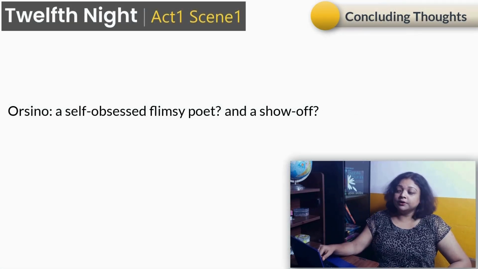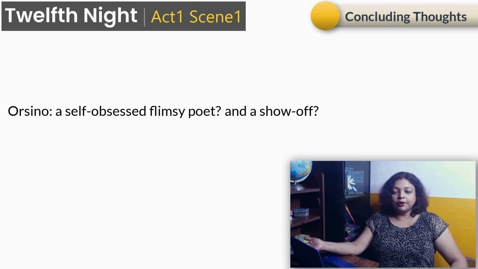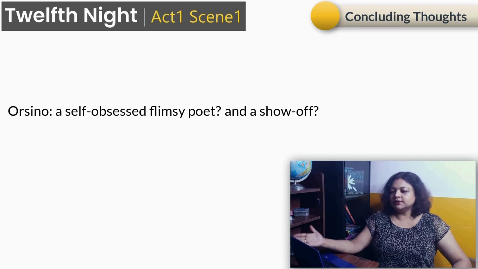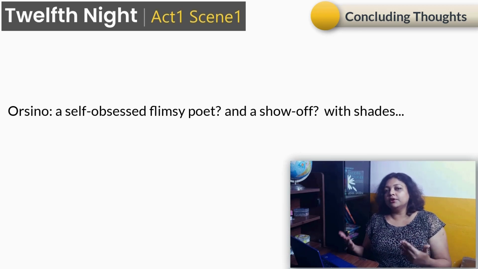From an exam point of view, the first speech of Orsino is very important. It, of course, places a lot of emphasis on Orsino's dreaminess, his love for music, for poetry, and establishes that a central character does not have to be a conventional heroic character.